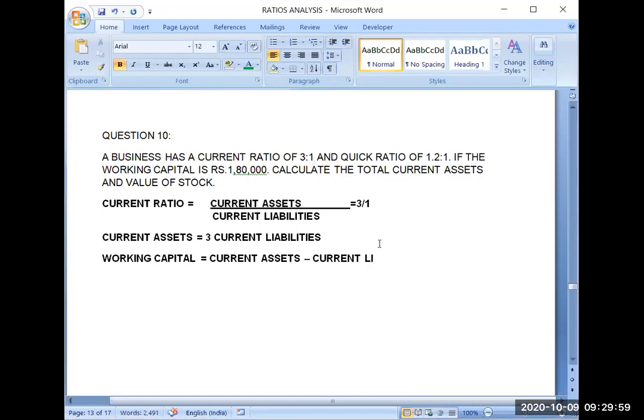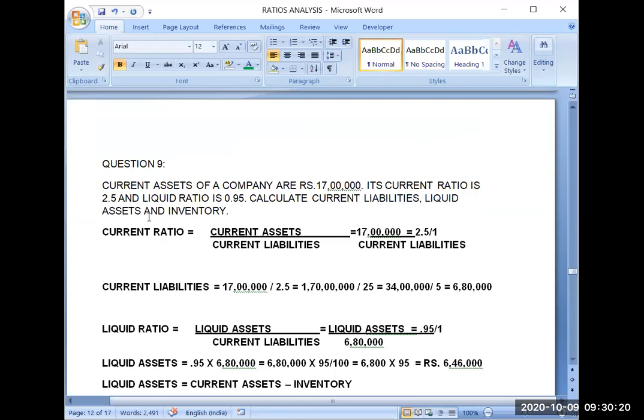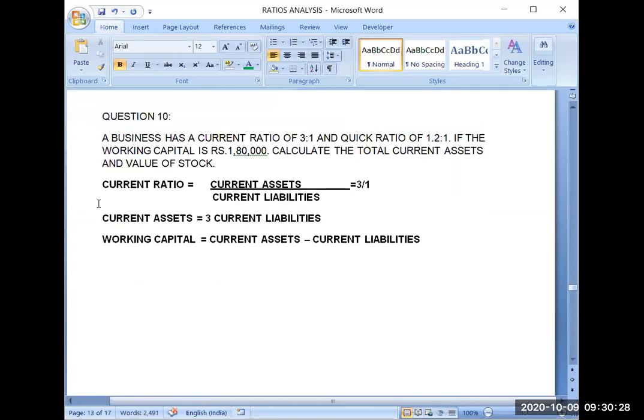In this question, we do not know both values, not of current assets, not of current liabilities. So now you can see when both of the variables are unknown, I will not be able to calculate any value. In the previous question, out of these three values, I was knowing two values. So I was able to calculate the third one. So this time I have converted into an equation.